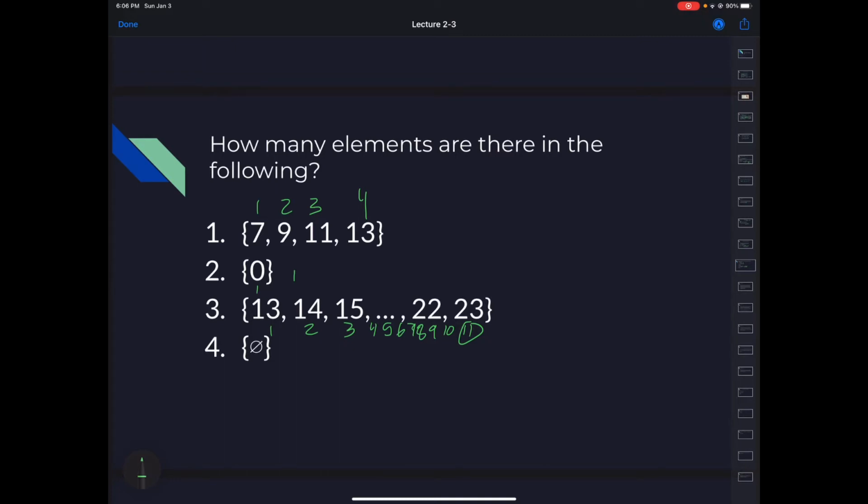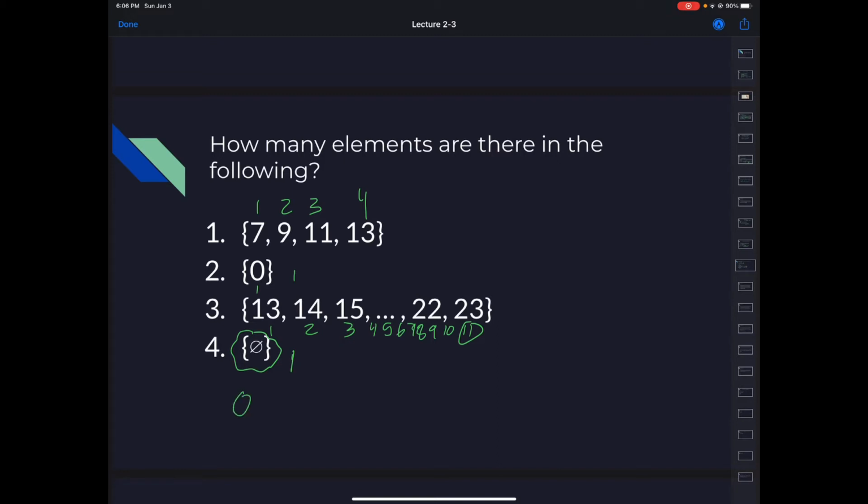And then we get to the question which is a little more challenging. How many elements are in the set containing the empty set? Do we have 1 element here or 0? For what we care about, we actually do have an element here, and that element is the empty set. We're going to count it because it's represented. So this set has one element.